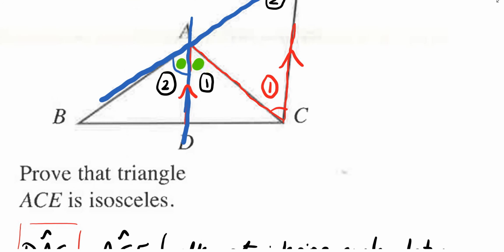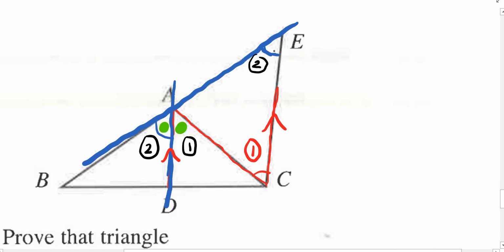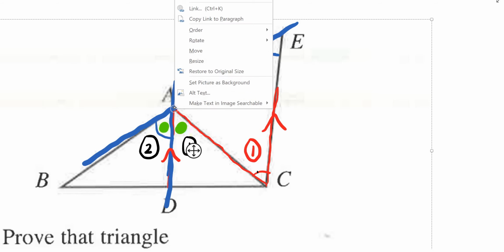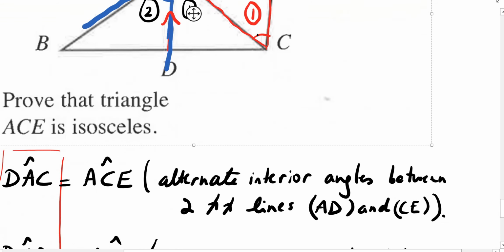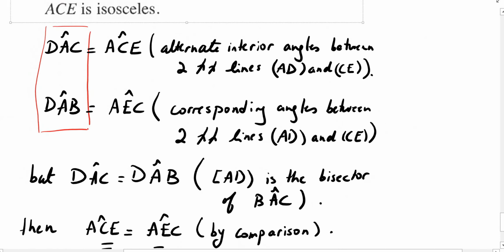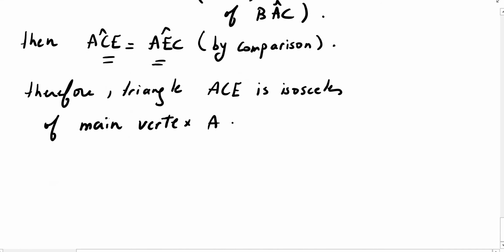Look at the figure, guys. Because these are the base angles, so A will be the vertex. So this is everything. I hope you understood these exercises, and thank you so much for listening.